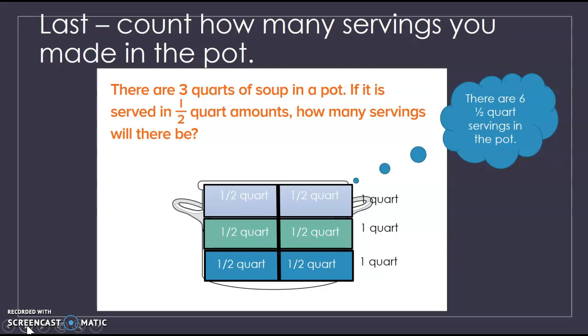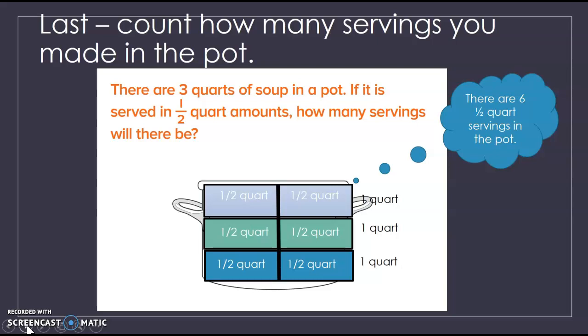Similar to our pizza question, but instead of drawing the 3 quarts out as 3 unit squares, I broke up one pot into 3 groups and split it again. So it kind of looks like our multiplication area model as well, which makes sense because we know that multiplication and division are very much related.